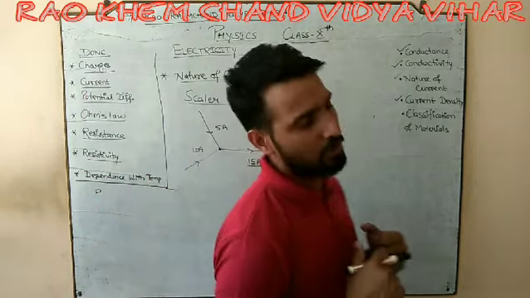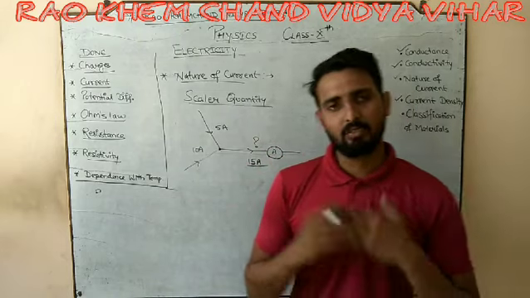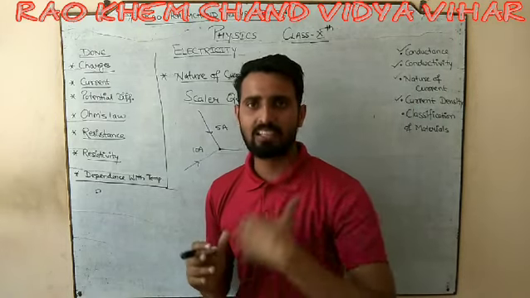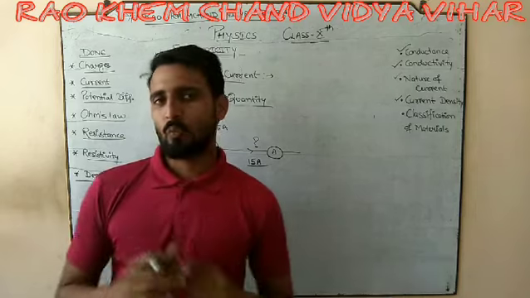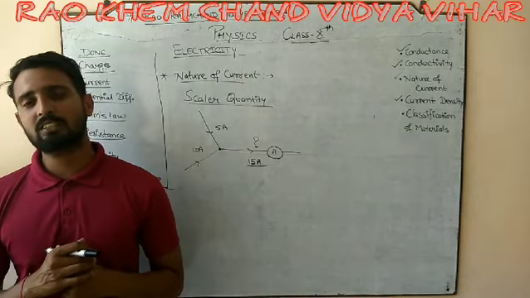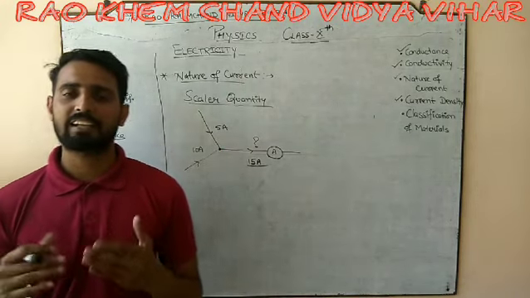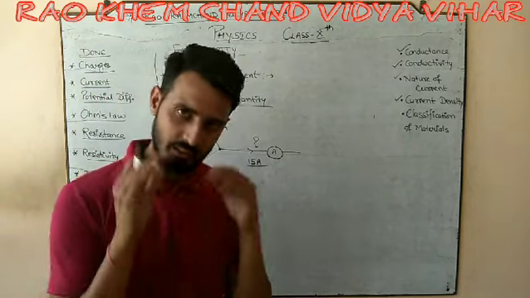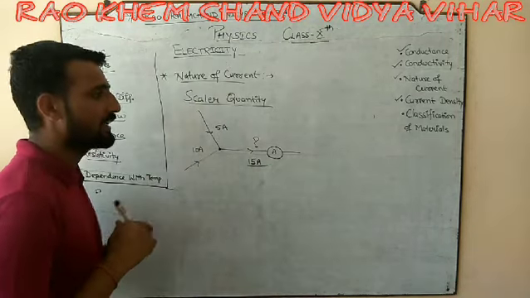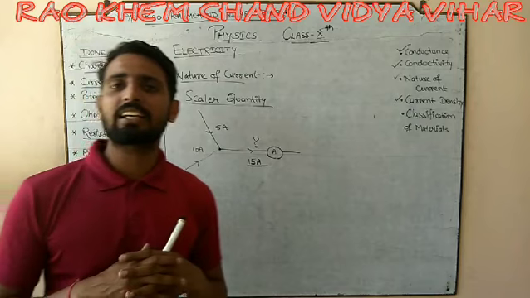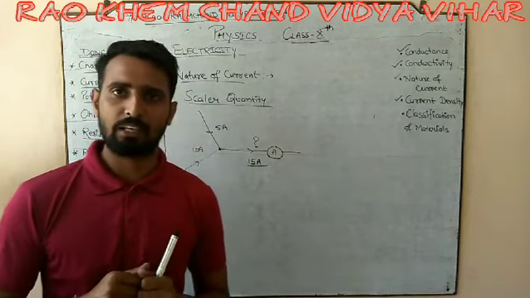But in future, when you proceed in class 11th, we will come to know about vector quantities a lot. Vector quantities are those quantities which have magnitude as well as direction. If I give you an example, in the 9th class, you have studied distance and displacement.